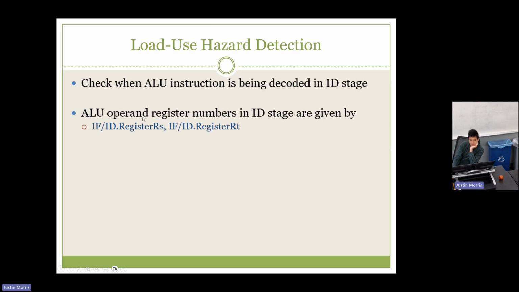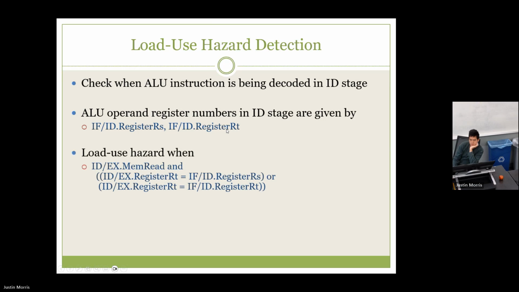And if the ALU operand register numbers in the decode stage, RS and RT, right, match the RT register of the execute stage, and the instruction in the execute stage is going to read from memory, then we need to forward. Well, stall and then forward later, right?